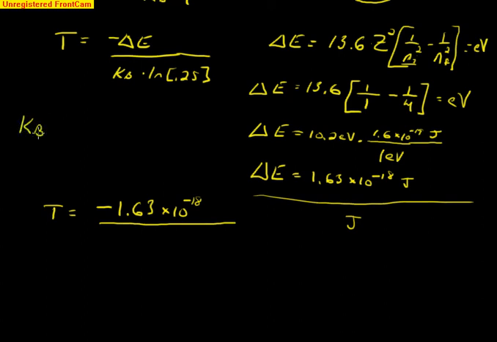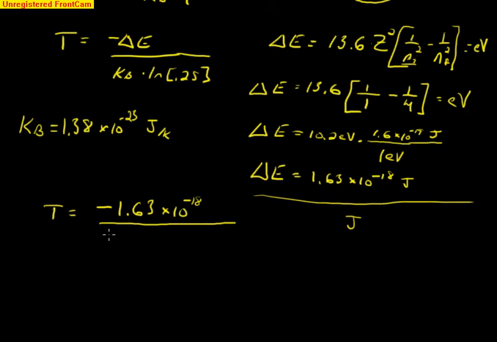Boltzmann's constant is equal to 1.38 times 10 to the negative 23, in joules per kelvin.